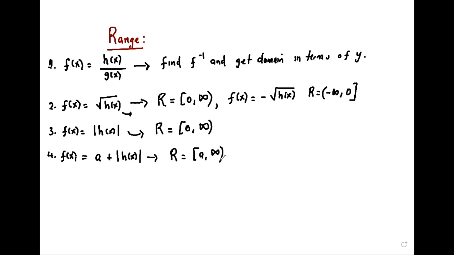Okay. So the other varieties that come as a result of the top two: if I have the negative absolute, then the range is going to be negative infinity all the way up to 0.